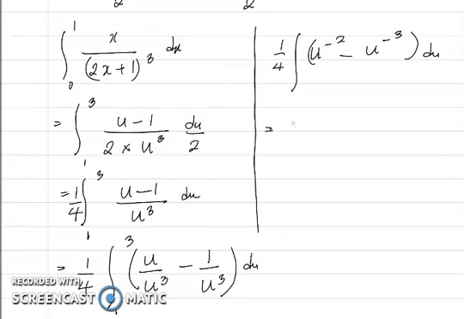And when I integrate, I'm going to get 1 over 4, and this is going to become u to the minus 1. I'm going to increase the power by 1 and then divide by the new power, minus u to the minus 2, divide by minus 2.